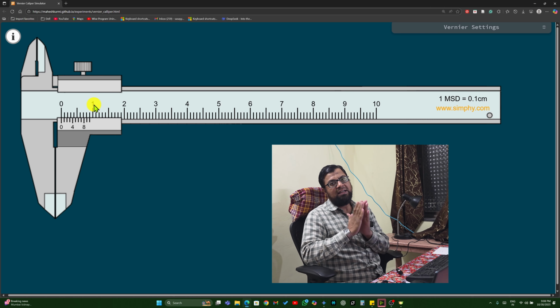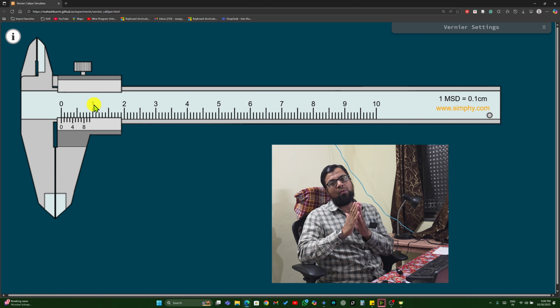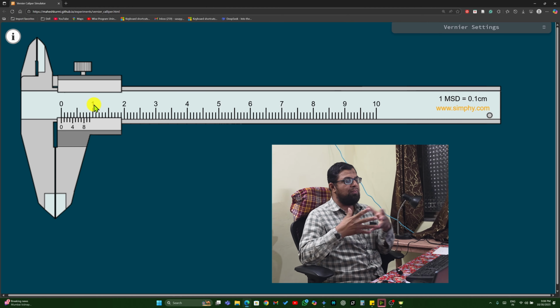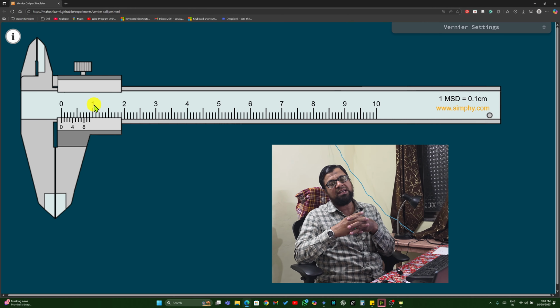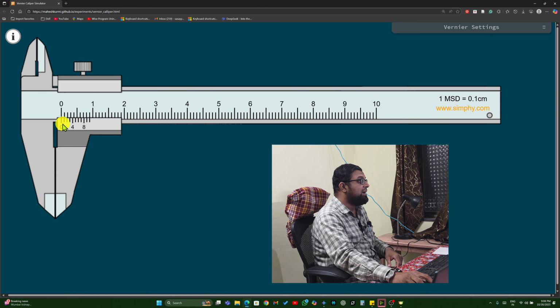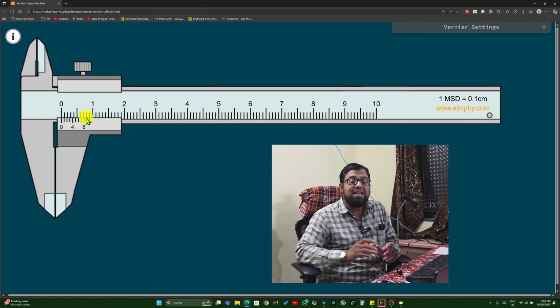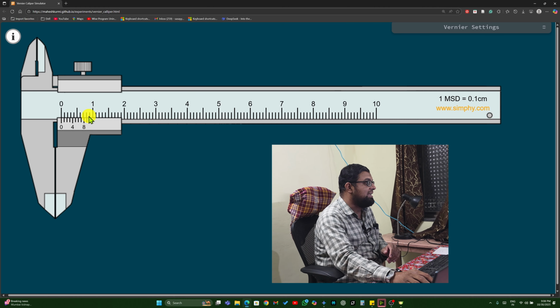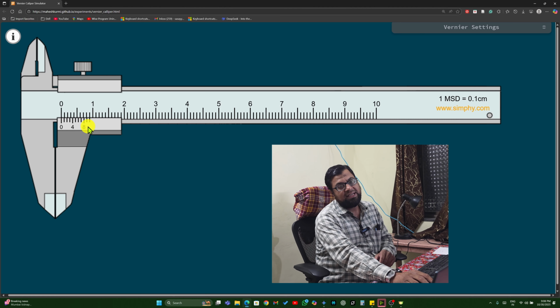It means that each division is of 0.1 centimeter, or 1 millimeter. If we are talking in terms of centimeter, then it is 0.1 centimeter. And if you see the Vernier scale, on the Vernier scale we have 0, 1, 2, 3, 4 and so on up to 10 divisions there. But these 10 divisions are such that the 10th division is coinciding with the 9th main scale division.